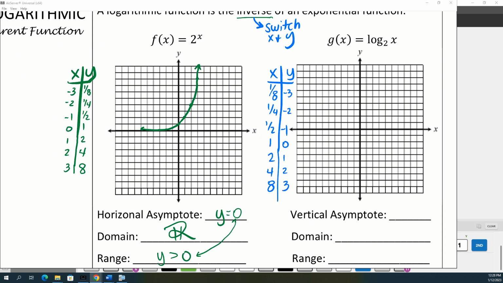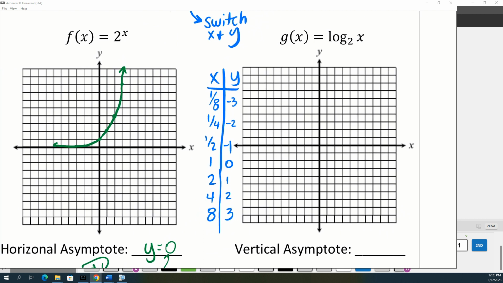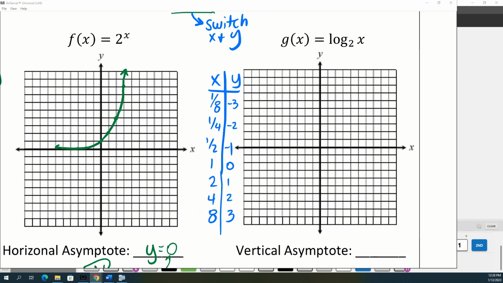Right, and these are the numbers we're going to graph for log base 2 of x. So this time 1/8 is the x, so just barely over a teeny tiny bit and then down 3. And then over a little bit more and down 2. Over a half and down 1.